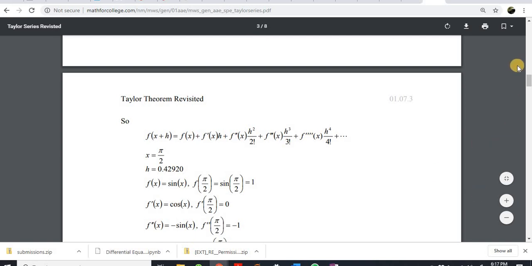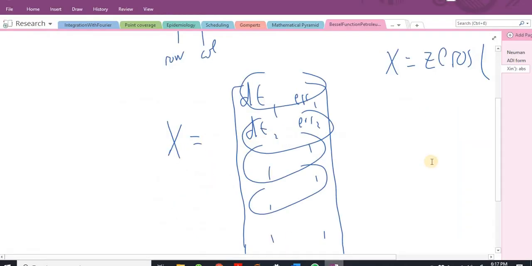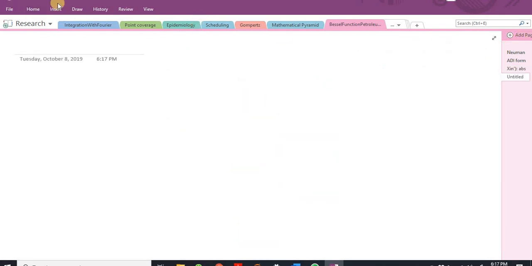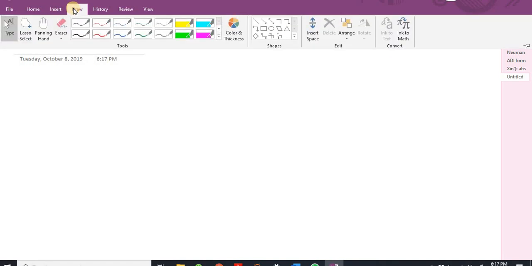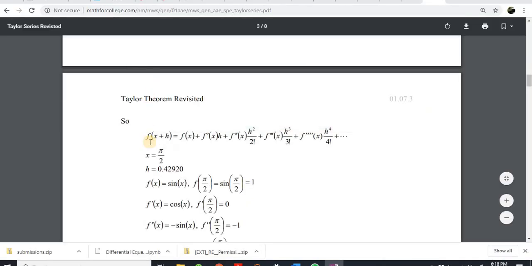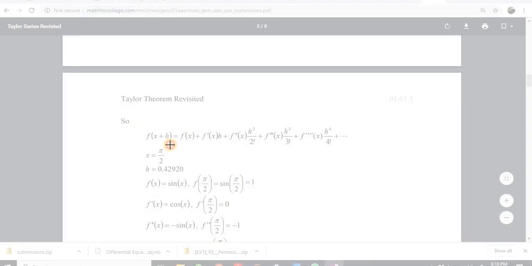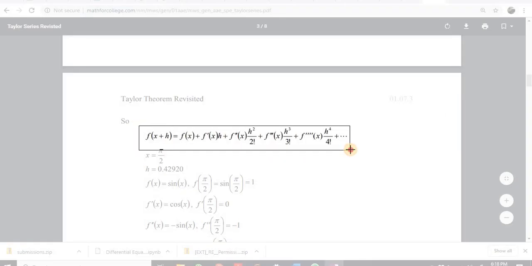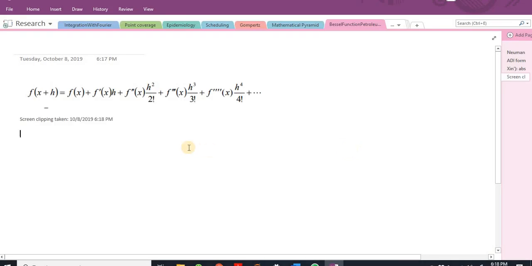If you write this, here's one way to write it, and that's a common way of writing it. Another way to write it would be something like this.